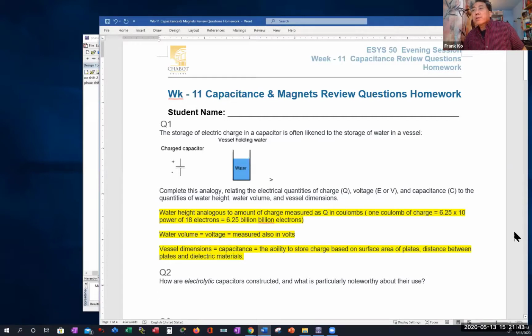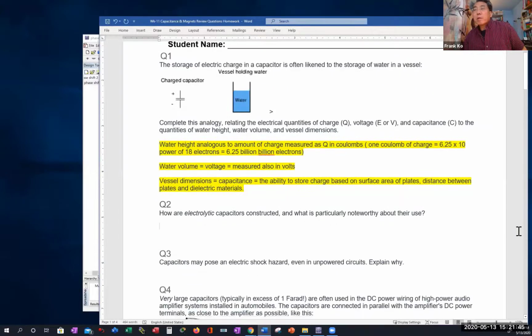Now, it says here, how are electrolytic capacitors constructed? What is particularly noteworthy about their use? So, who would like to try this? Andrew, you want to try this? How are capacitors constructed, first of all, and how are electrolytic capacitors constructed?